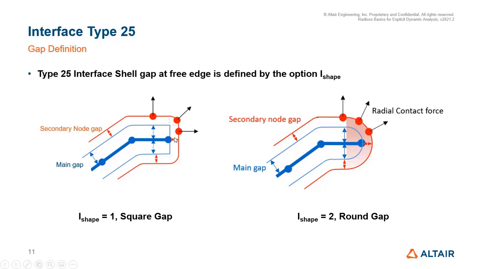This is as good as a square gap, and the forces will be normal to the surface. And when you have I shape equals 2, that will create a round gap like this. The forces will be normal to those nodes or the surfaces, or the forces will go in the radial direction.